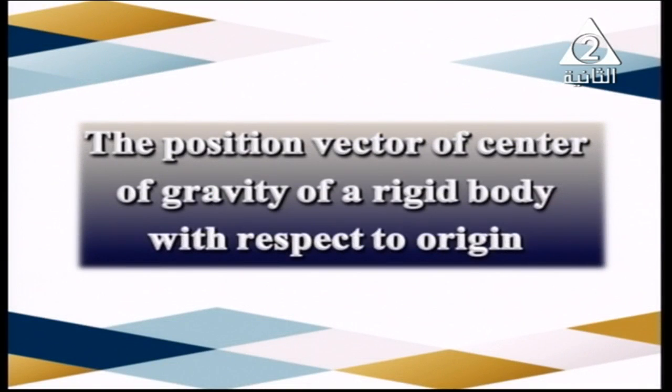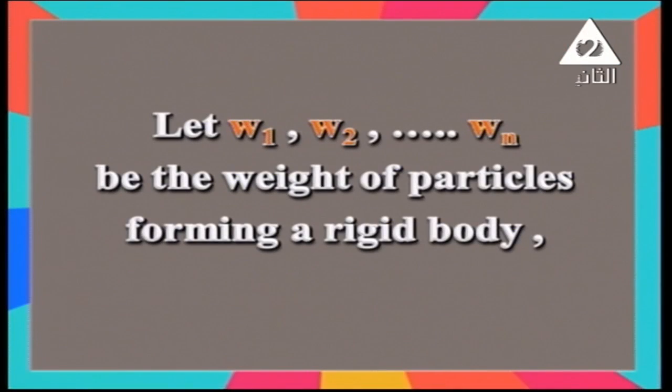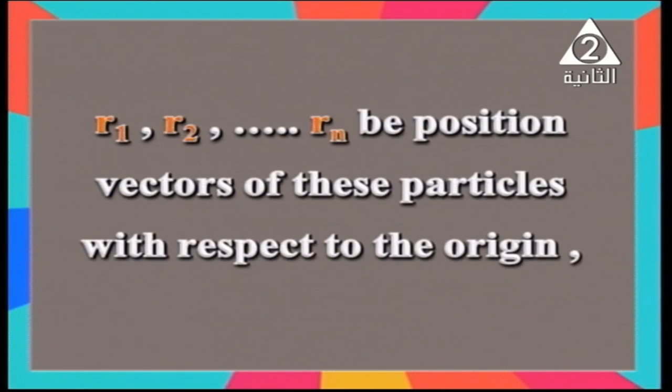Position vector of the center of gravity of a raised body with respect to the origin point. My dear student, let W1, W2, to Wn be the weights of particles forming a raised body, and R1, R2, to Rn the position vectors of these particles with respect to the origin.